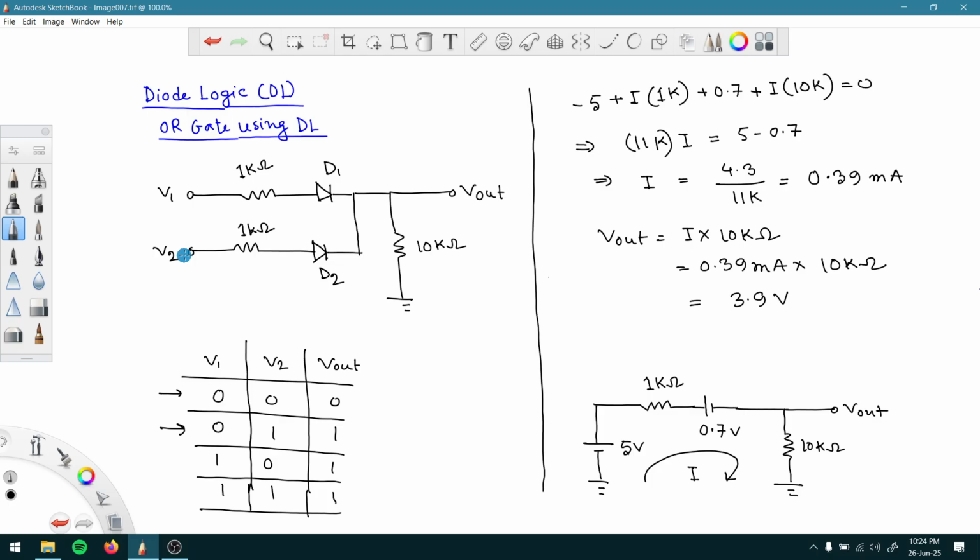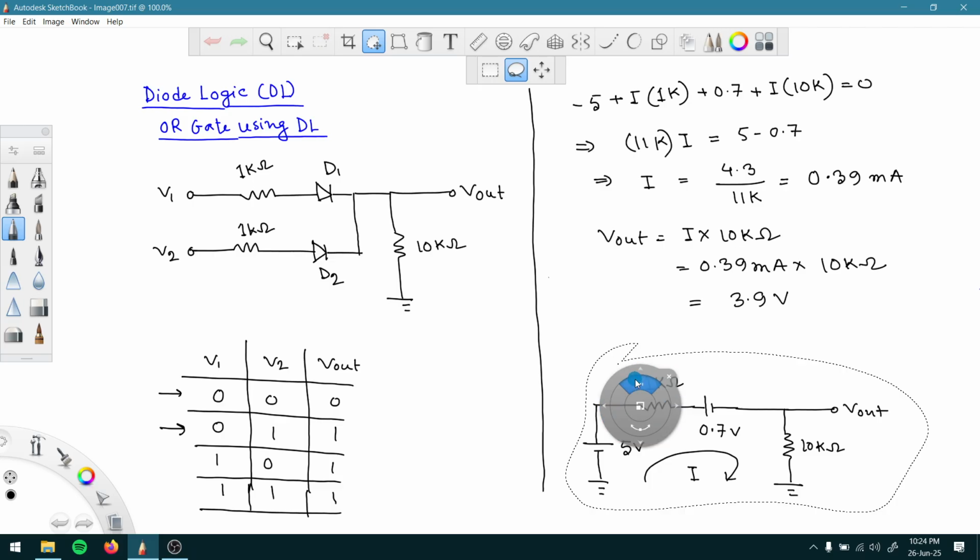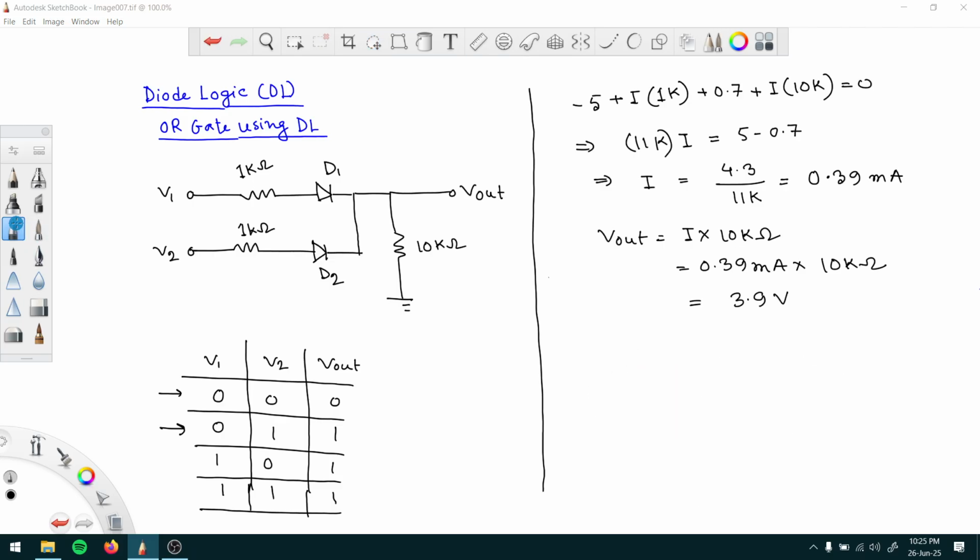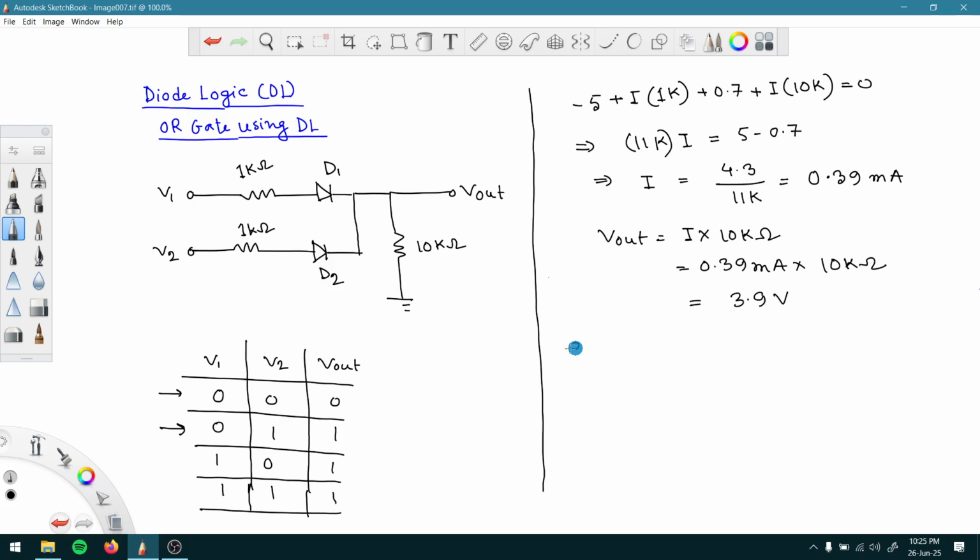So for that case, whenever we have case 3, and case 3 means V1 should be 5 volt and V2 should be 0 volt, at that condition D1 should be forward biased, and D2 should be reverse biased.